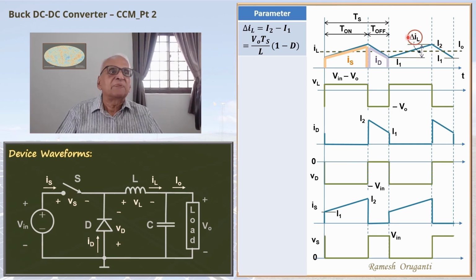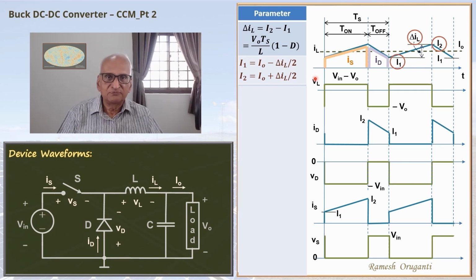Next is the value of I1 and the value of I2, the peak and valley values of the inductor current. You can notice that I0 is placed exactly in the middle, between I1 and I2. We already know the value of I0. So I0 minus delta IL by 2 is I1, and I0 plus delta IL by 2 is I2.